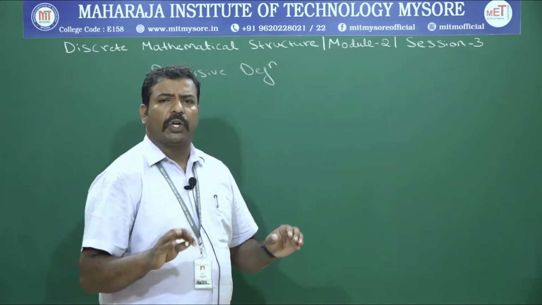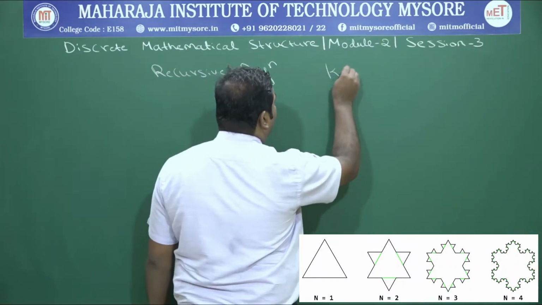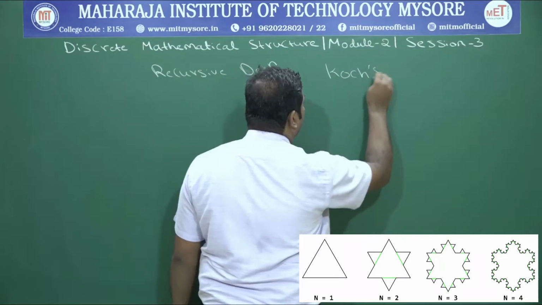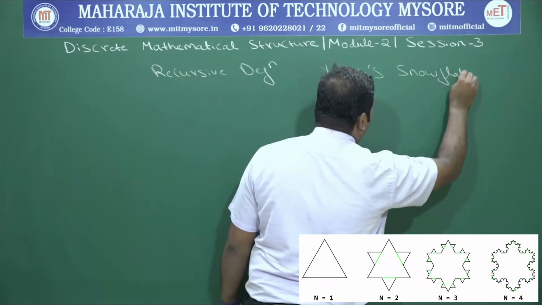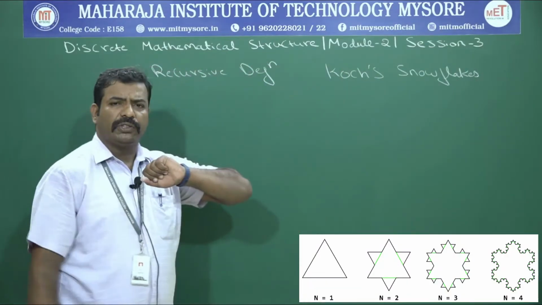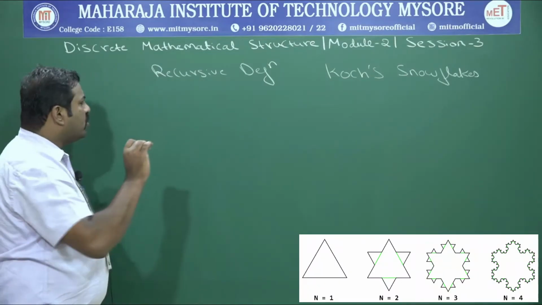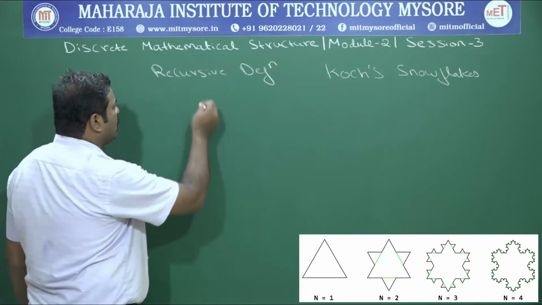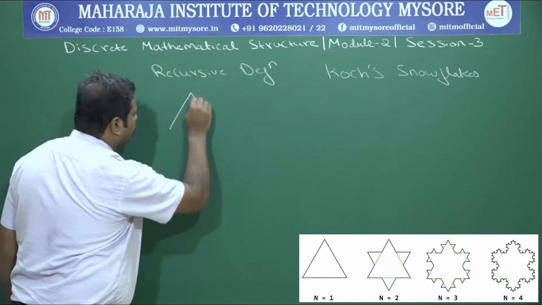Let me give such an example: Koch's snowflake. To create the Koch snowflake, I'm just going to take a triangle.